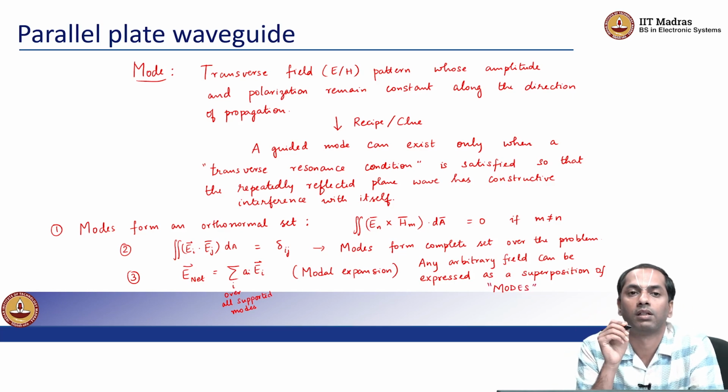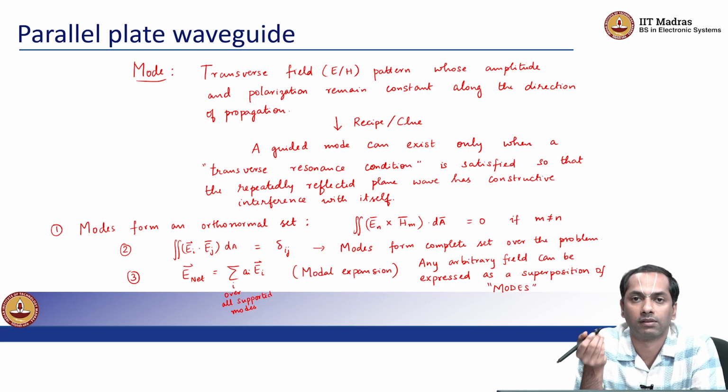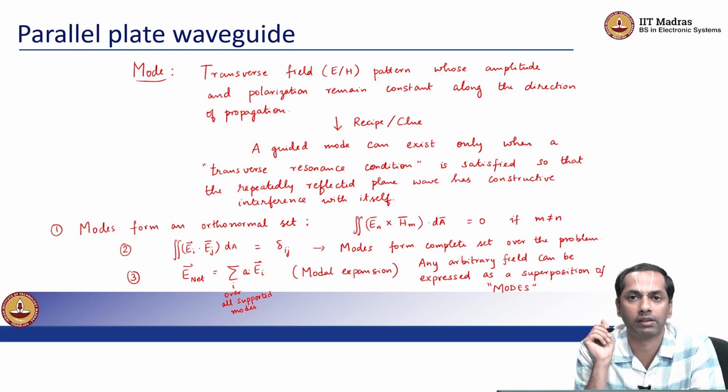In my opinion, rather than trying to get into the minutiae of perfectly describing what a mode is, I think it's more important to realize why mode solutions are important for waveguides. Even though we are talking about parallel plate waveguides now, all these conditions are true for any waveguiding structure.